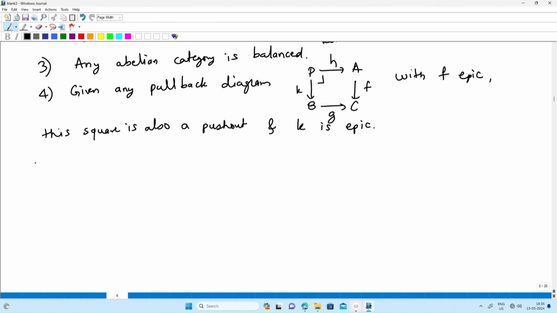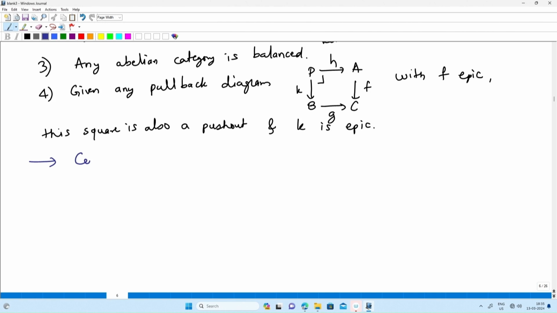Yes, similar thing. Okay, so let's prove this. When does this diagram commute? The square commutes. Let's first consider something that might be familiar to some of you.